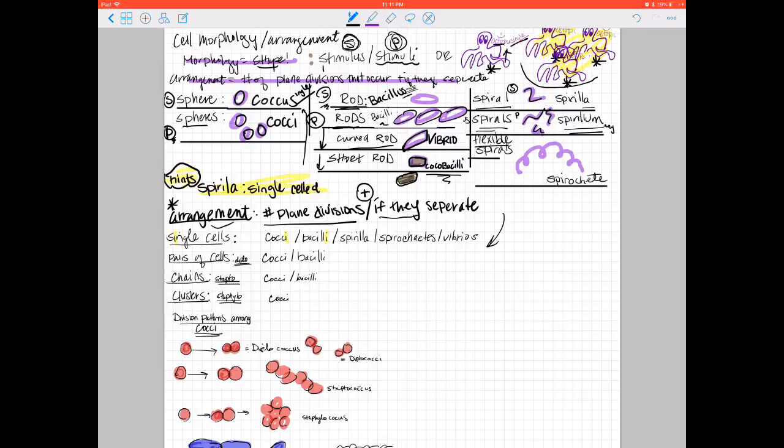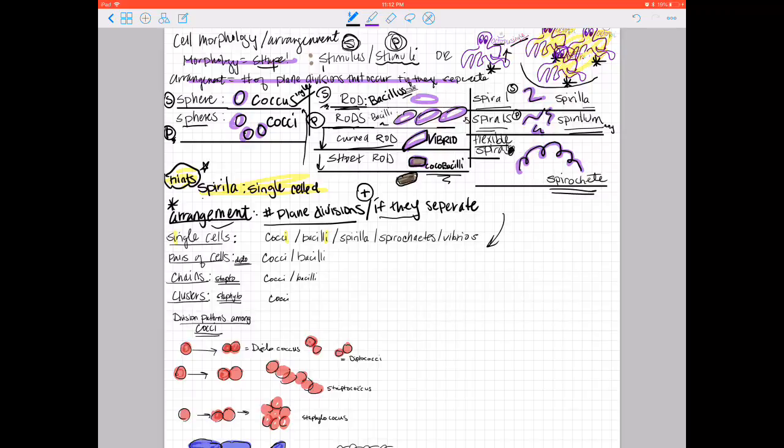When it comes to flexible spirals, all right, you have spirochete. So that's our last example. Okay, so this is my spirochete. Sorry, flexible spirochete. Spirochete. All right. So here's a hint when it comes to arrangement.